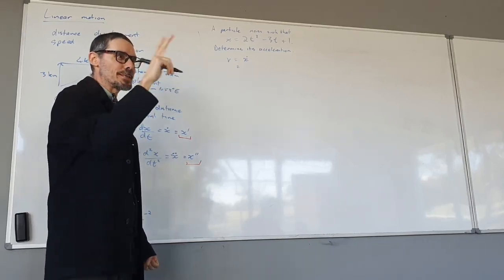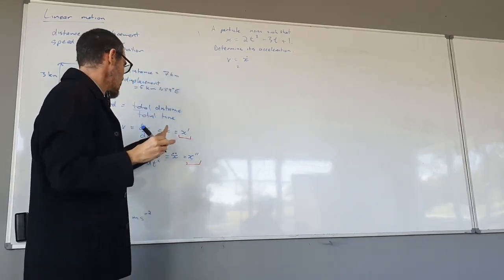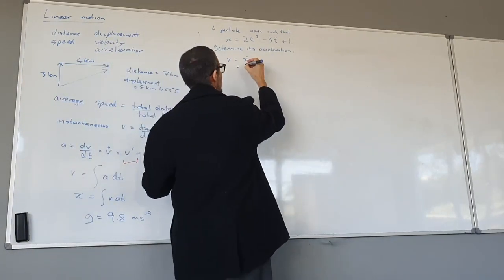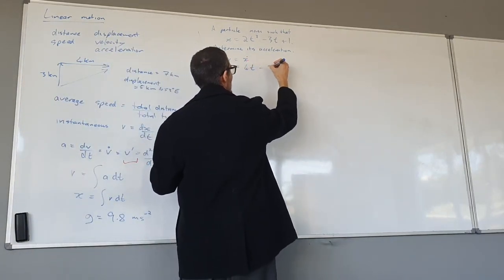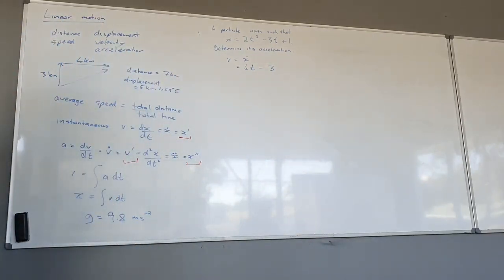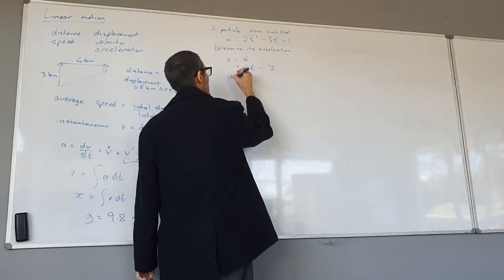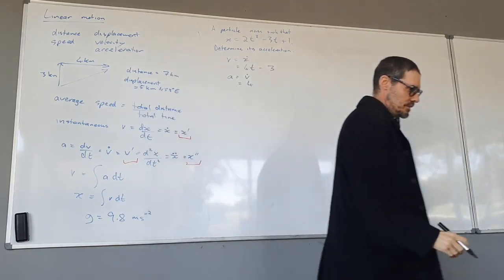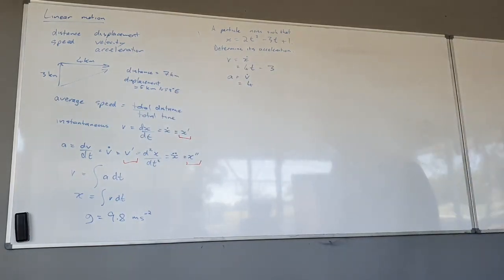I will do that later when we start doing the confusing ones. Dot always means d/dt, always, which is 4t minus 3. If t is seconds and x is meters, that's 4 meters per second per second.